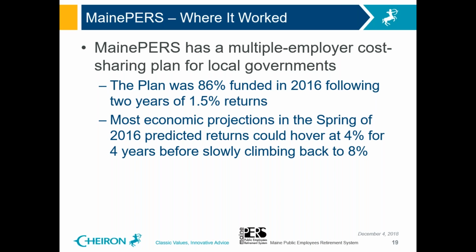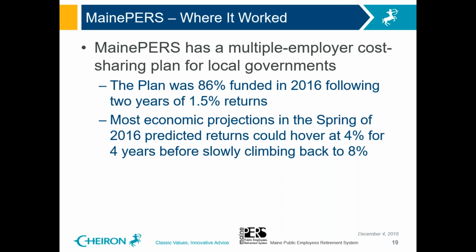So the recovery was slowed down for the plan, and our funding eventually fell to 86% funded. So that was okay. We were on the way up, starting to pay a little bit in excess of the required contribution.